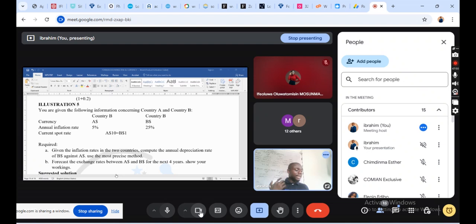Then you have to get the percentage decrease in the exchange rate. It is very simple. Sales minus variable cost, you have your contribution, minus fixed cost, you have your net cash flow and all that. Then the conversion, and this is what you need to do for you to get the conversion.